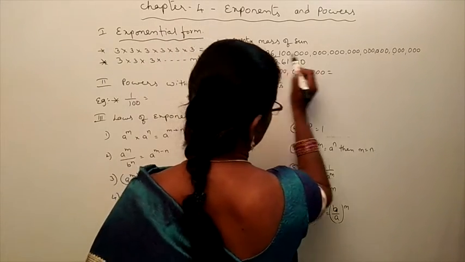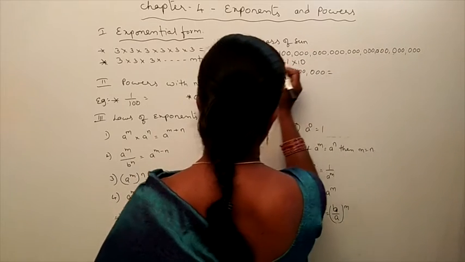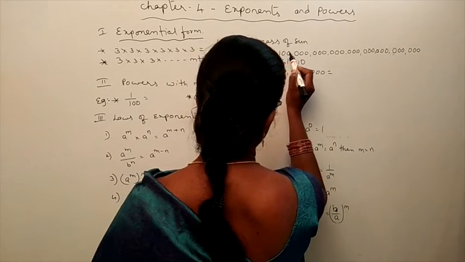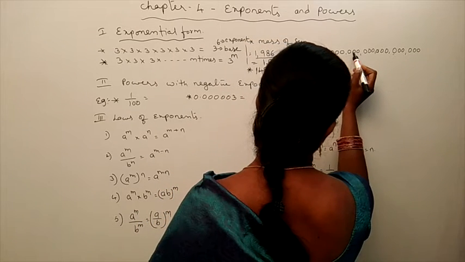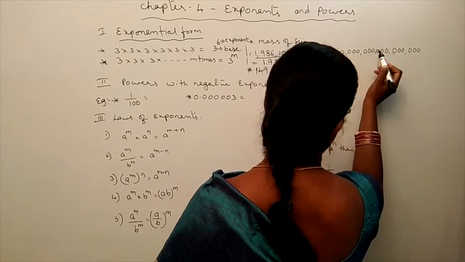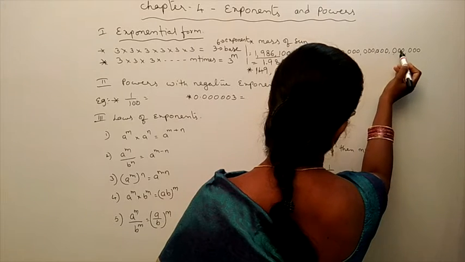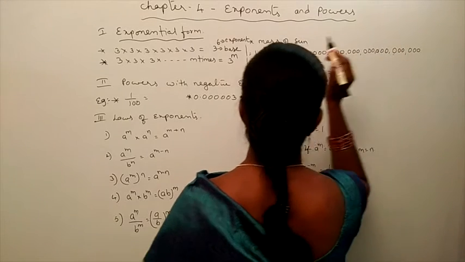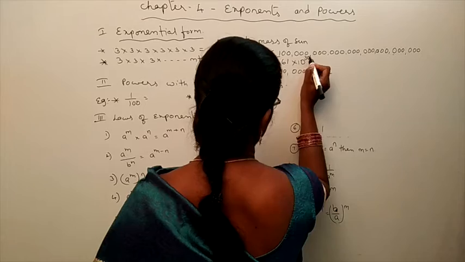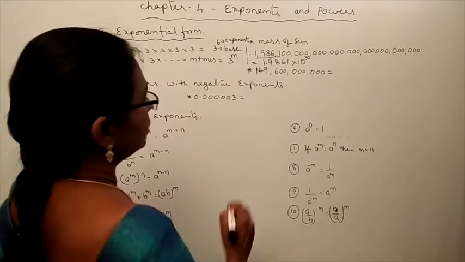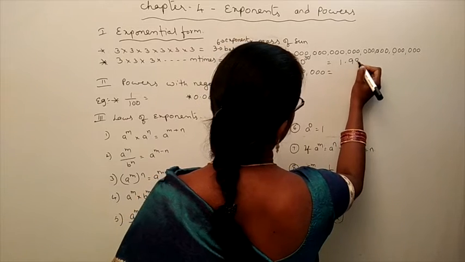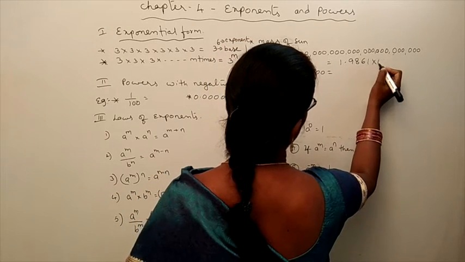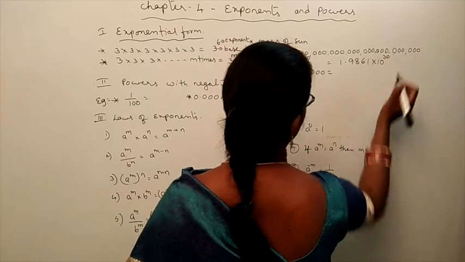Here too we have to count how many digits are there. 1, 2, 3, 4, 5, 6, 7, 8, 9, 10, 11, 12, 13, 14, 15, 16, 17, 18, 19, 20, 21, 22, 23, 24, 25, 26, 27, 28, 29, 30. Then 10 to the power of 30. How to write? 1.9861 into 10 to the power of 30.